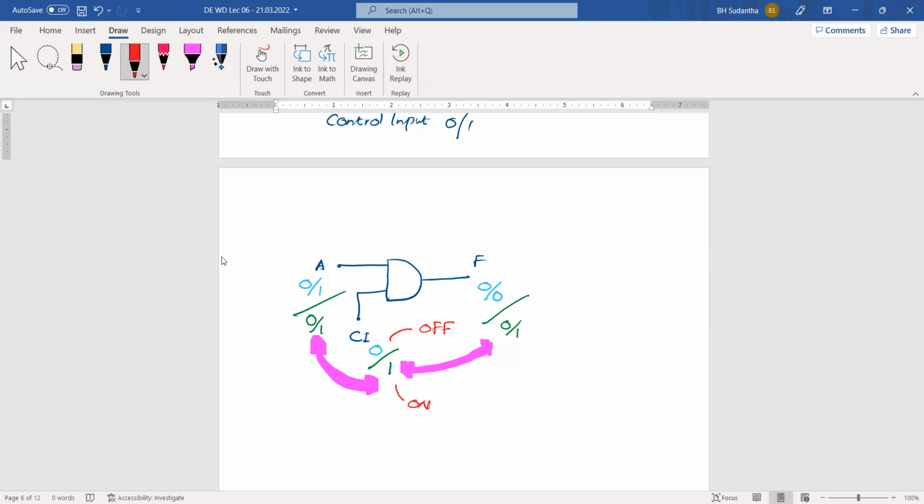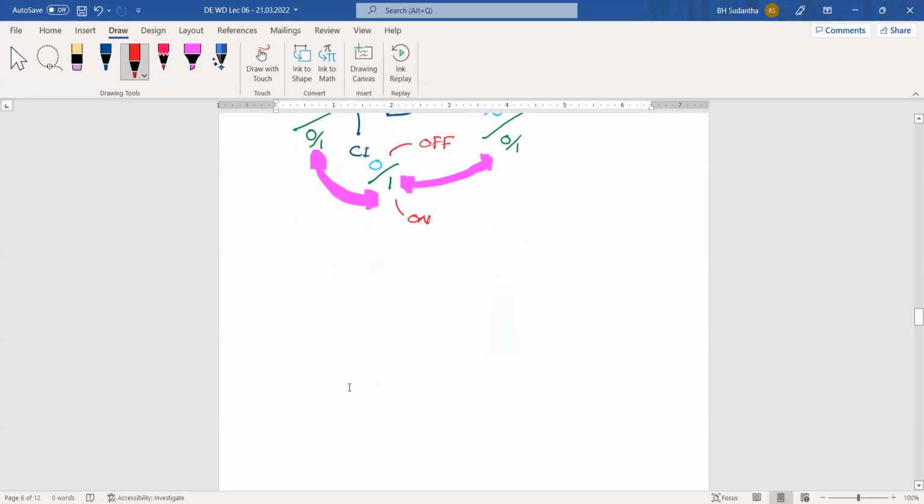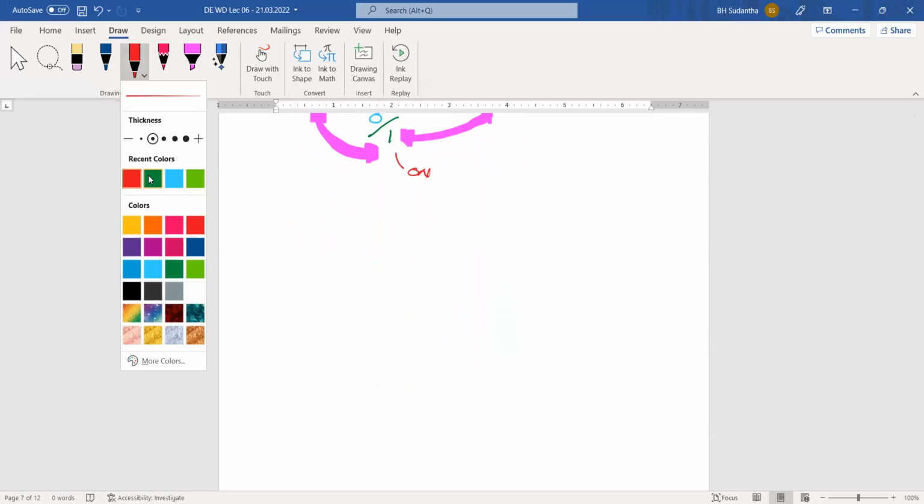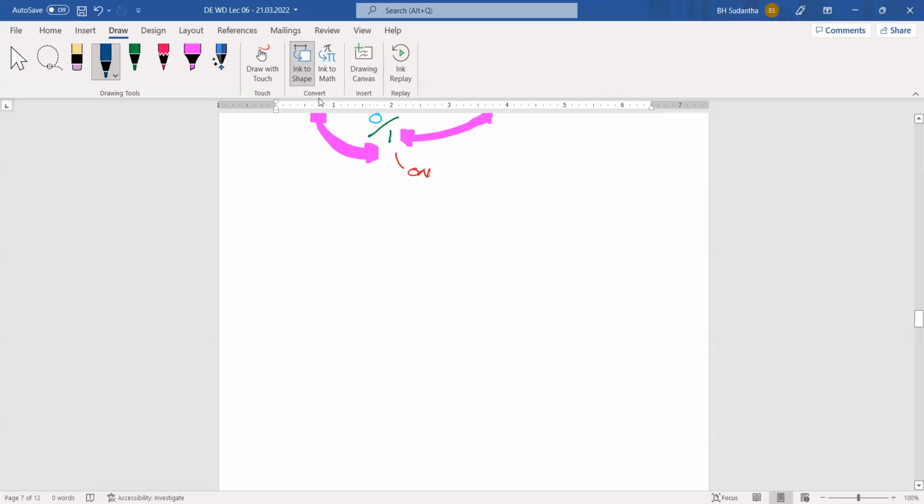Okay, we can use this concept to find the solution there. The solution is something like this. Now we have this flip-flop here, with R and S inputs.